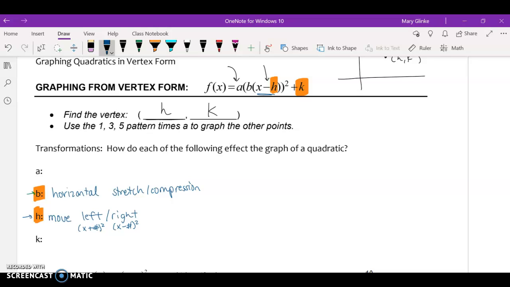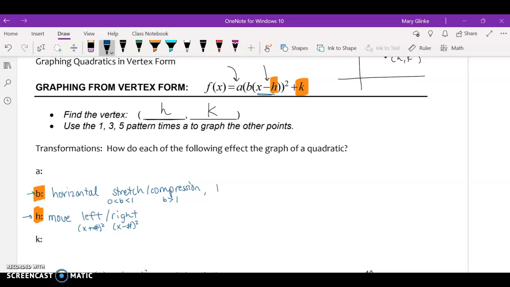So if it's inside and it's your b value, it's going to be a stretch if your b value is a fraction between 0 and 1. It is also then going to be a compression if your b value is greater than 1. So if your b is 3, it's actually getting compressed left to right by 3.